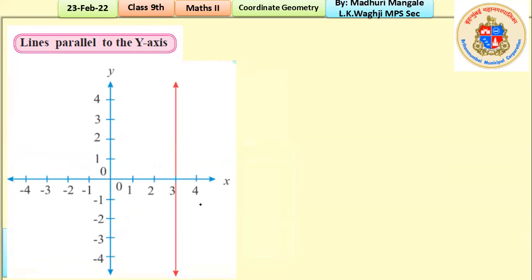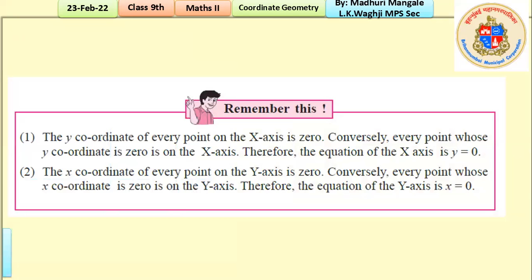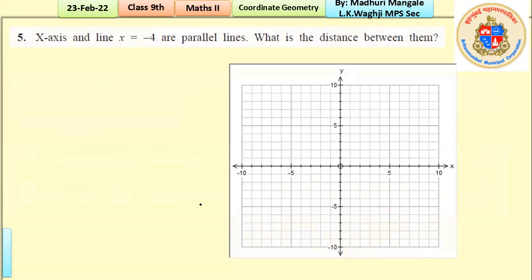Okay, one more. It's the same thing. So that was about identifying the equation of lines which are parallel to either the x-axis or the y-axis. Now, looking at this question, this is one of the most important questions asked in exams, and it can be for 2 to 3 marks.